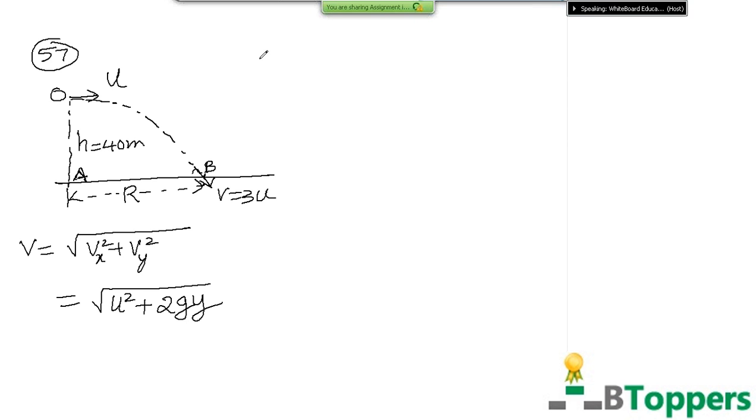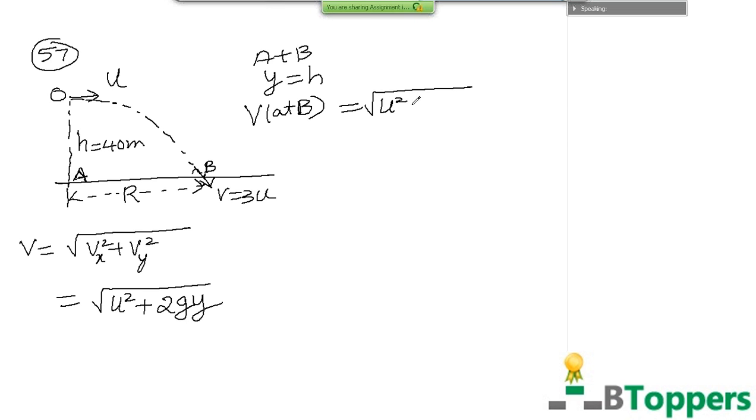At the position B, just before it strikes the ground, we can take y equal to h. So the magnitude of the velocity of the body at B is equal to root of u square plus 2gh.